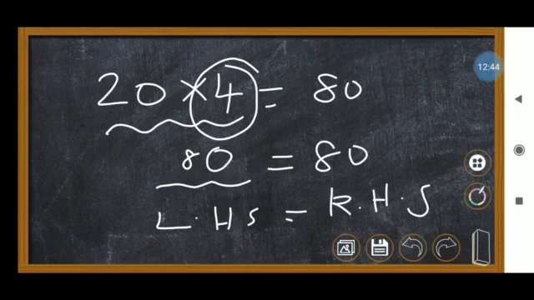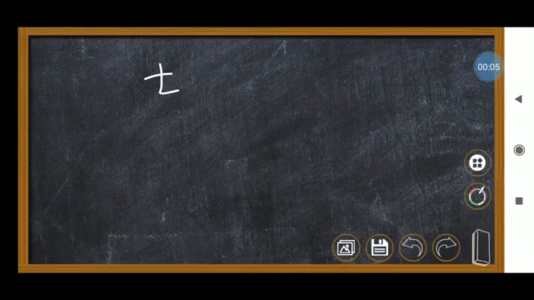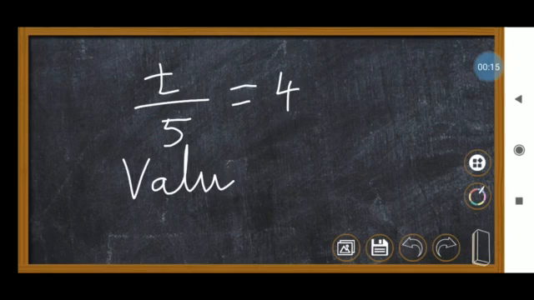Can you understand, students? Okay, the next one is t by 5 which is equal to 4. Find the value of t.